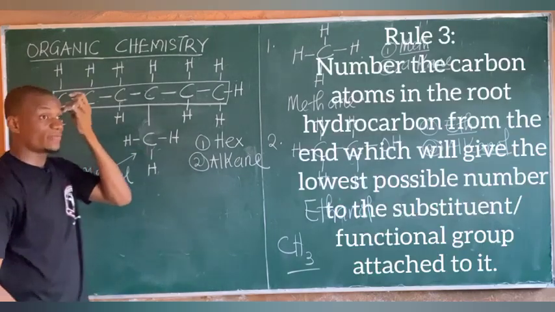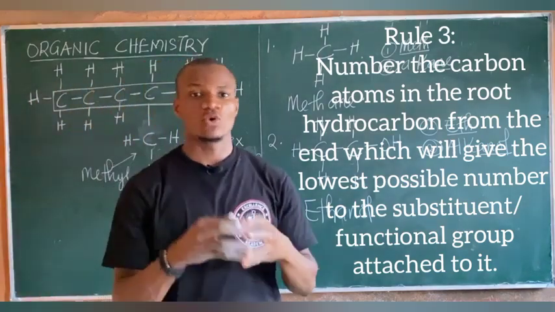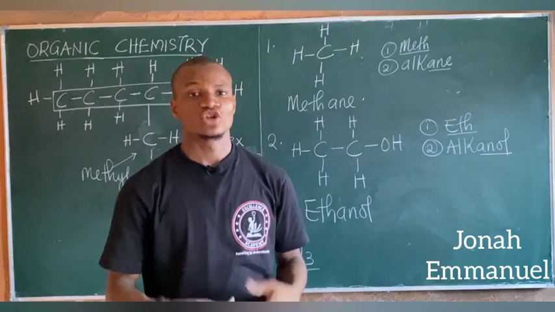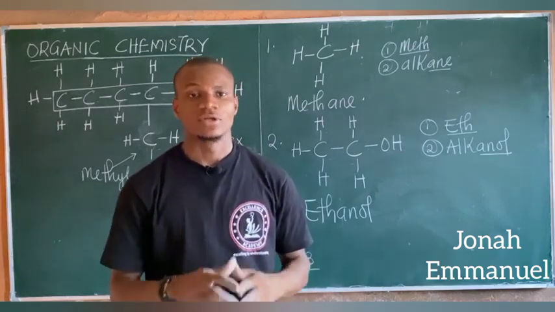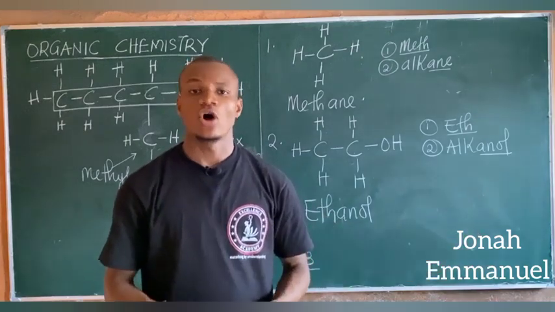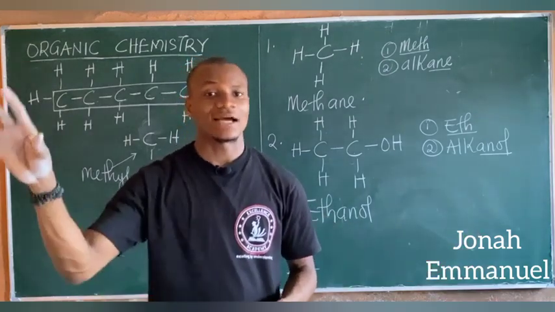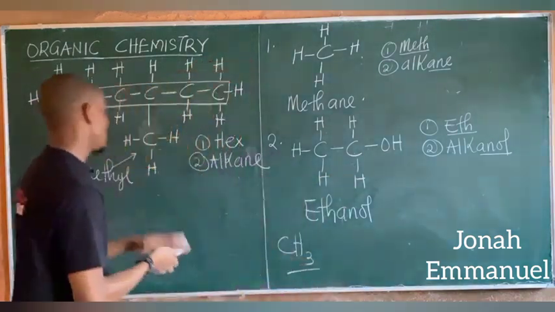Rule 3 says we should number this compound from the end which gives the lowest possible number to the substituent. How do I number this? There are 2 ways of numbering: the lower numbering from your left hand side to your right hand side, or the upper numbering from your right hand side to your left hand side, whichever order you want to take. Let's start with this one here.